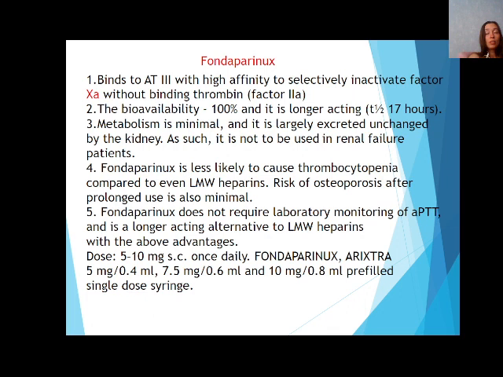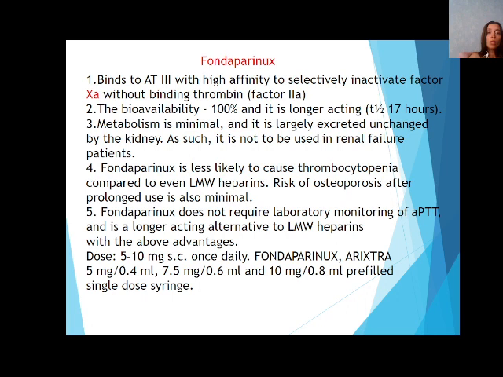And about the synthetic parenteral anticoagulant fondaparinux: it inhibits 10A factor like low molecular heparin, bioavailability is 100%, metabolism is minimal, and it's largely excreted unchanged by the kidney. So same, it shouldn't be used in renal failure patients.